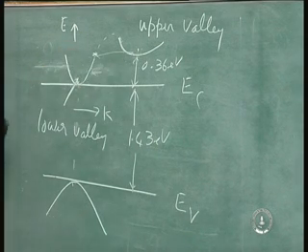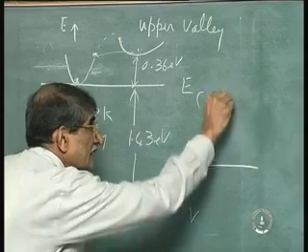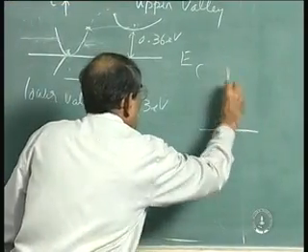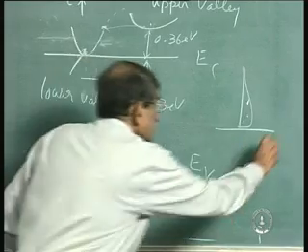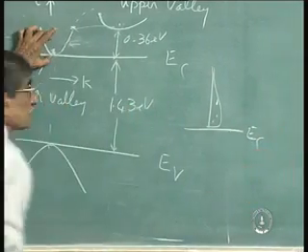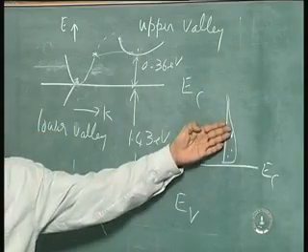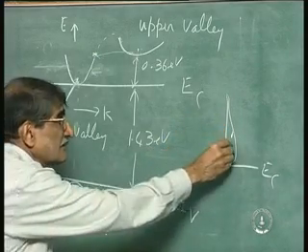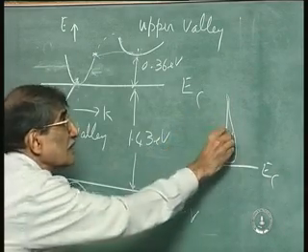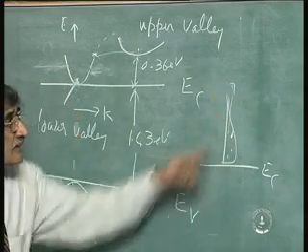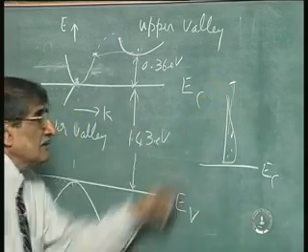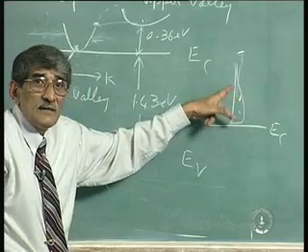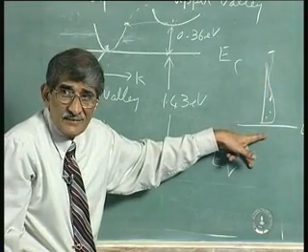See, the implication is, supposing I draw a conduction band, you get the electron distribution like that from EC. This is the thermal equilibrium situation. Supposing we raise the temperature of the electrons, what happens? These electrons move up. An electron up here does not correspond to the situation where the electrons are in thermal equilibrium with the lattice.